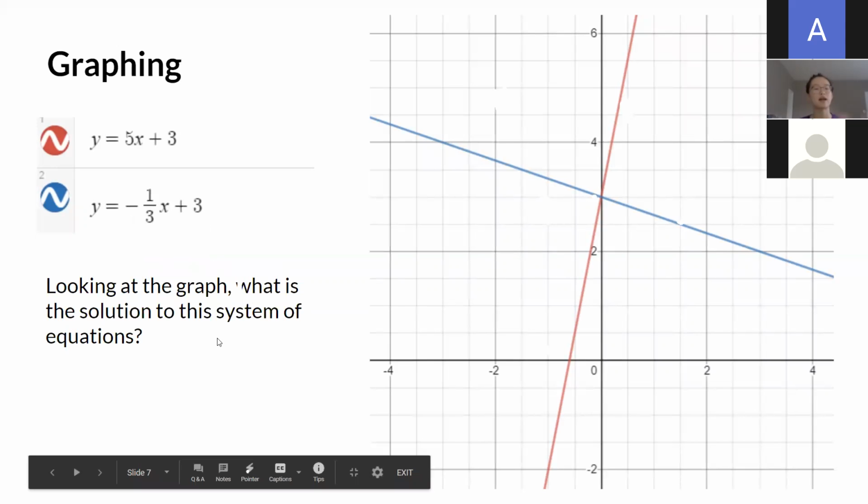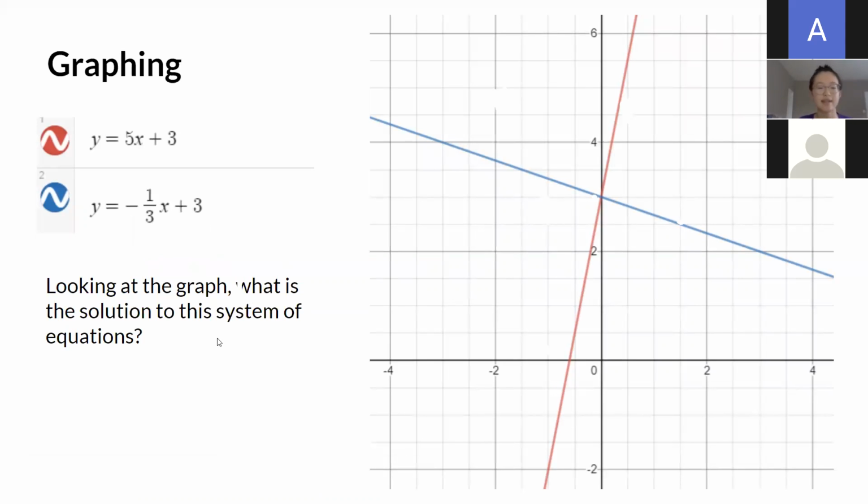Okay, so let's go back to graphing. You can see that we have 2 equations. The red one is y equals 5x plus 3, and the blue one is y equals negative 1/3 x plus 3. Looking at this graph, what is the solution to this system of equations? Since it's graphed out for you, it should be pretty obvious to find it.